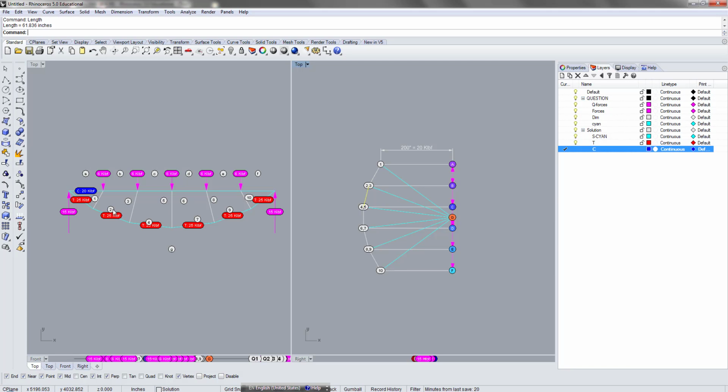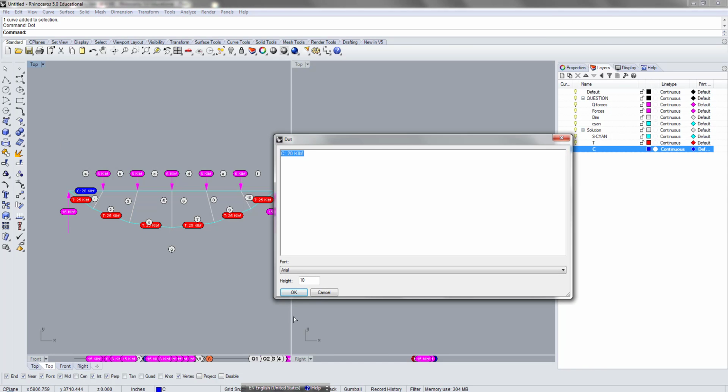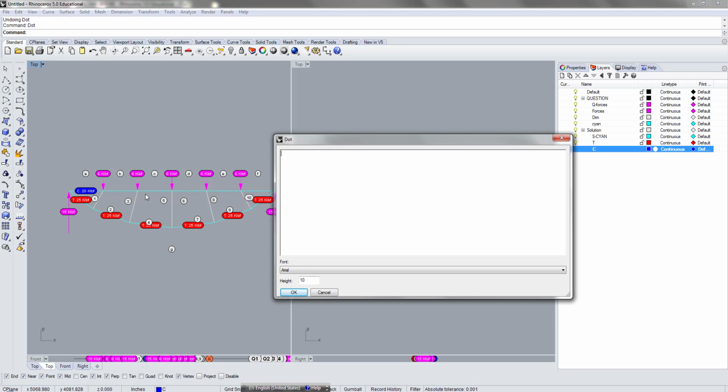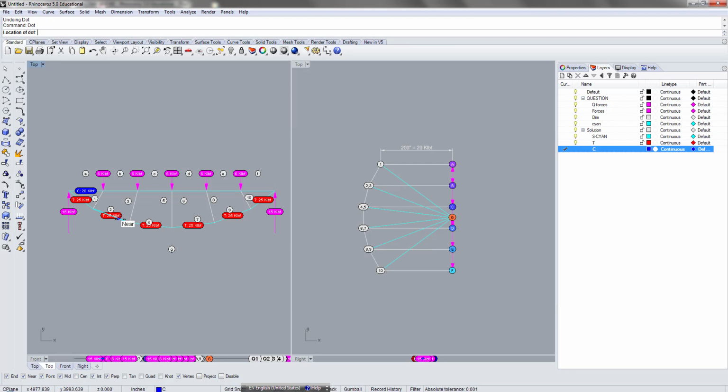These are in compression. Let me just demonstrate how all of these are in compression as well, by going to one of the points.